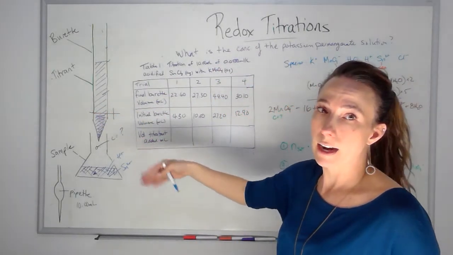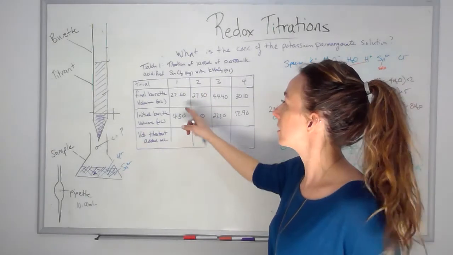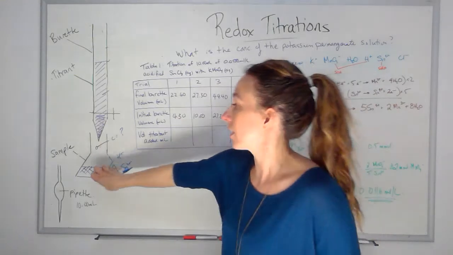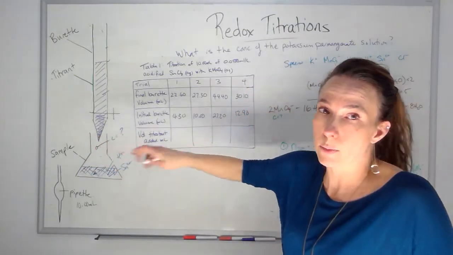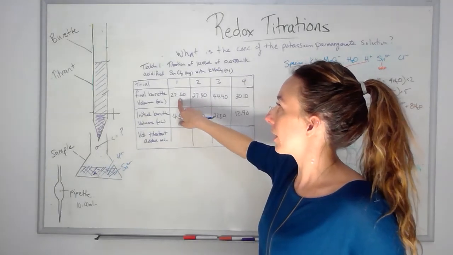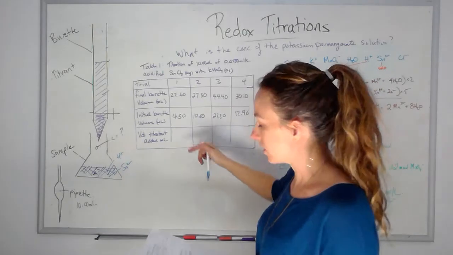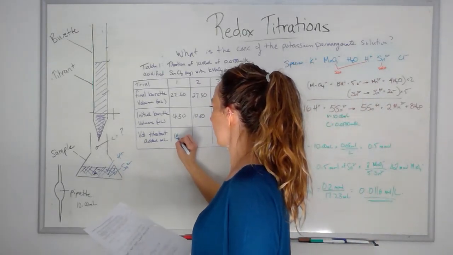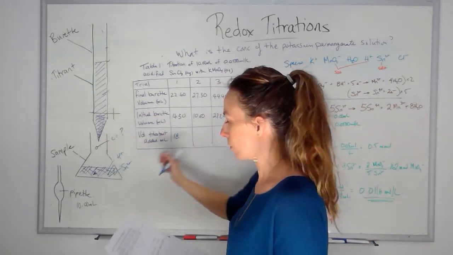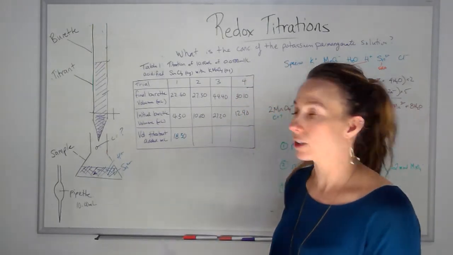They were colorless as I added them until I got that one excess drop of my permanganate, which means that this then turned light pink because I had one drop of extra purple within it. And my final burette reading at that point was 22.60. So the difference in that subtraction is I must have taken out of the burette 18.30 mL and then it changed color.